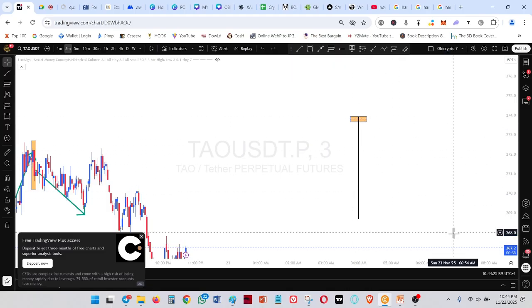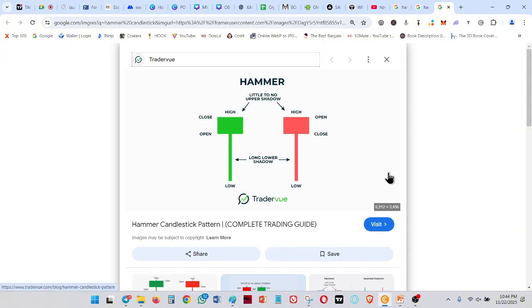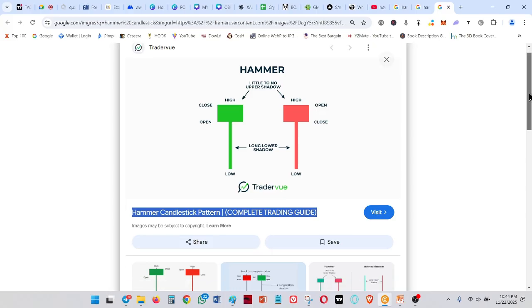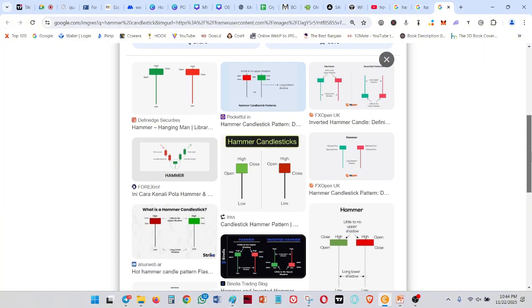This is a hammer candle, and that is what people are seeing here. So the hammer candle can also have, mind you, a wick, but it is only considered a hammer if the wick at the top is not that plenty, just a small wick.